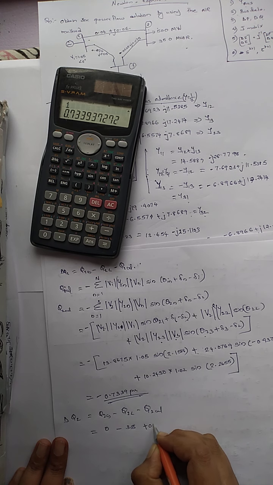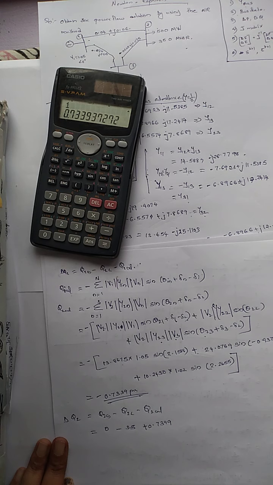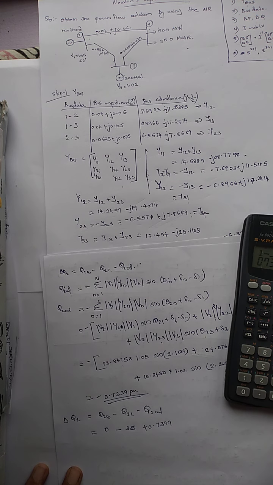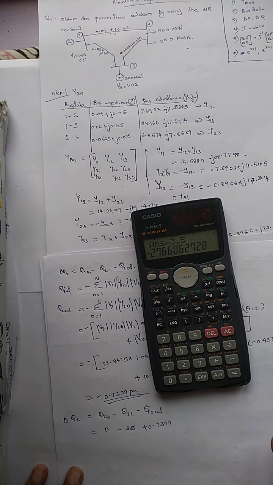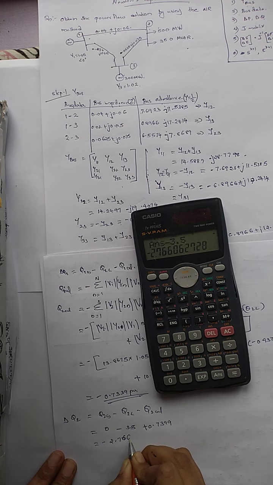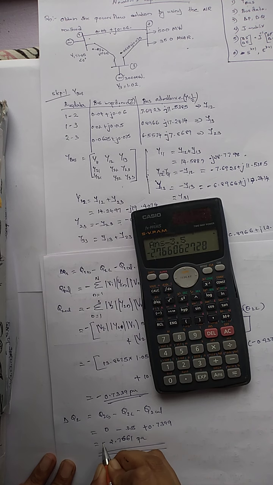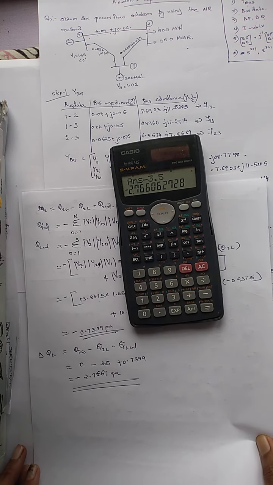So I am doing it in the calculator again: 0.7339 minus 3.5. I will get my delta Q2 value as minus 2.7661 per unit. So this is my delta Q2 value.